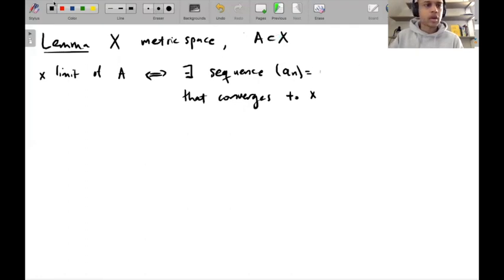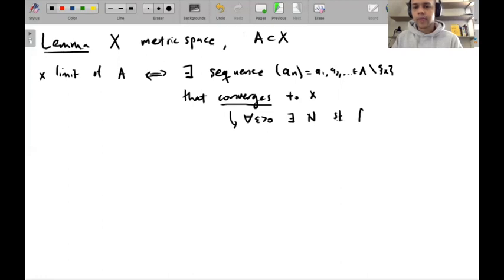So let me, so a1, a2, and so on in A minus x that converges to x. So converges means here that given epsilon greater than 0, there exists some large number N, so that for n sufficiently large, the distance from an to x is less than epsilon.